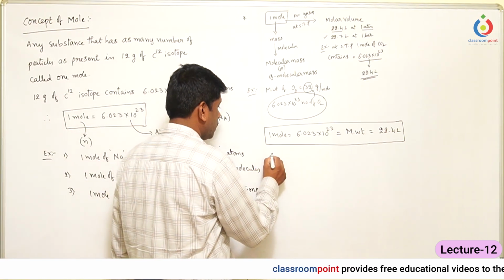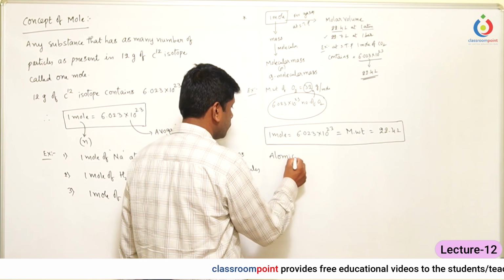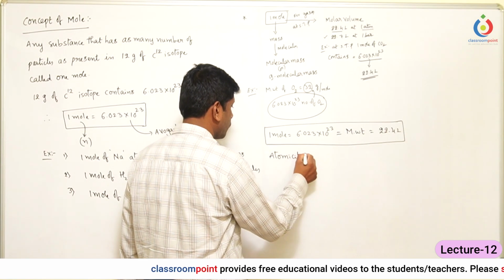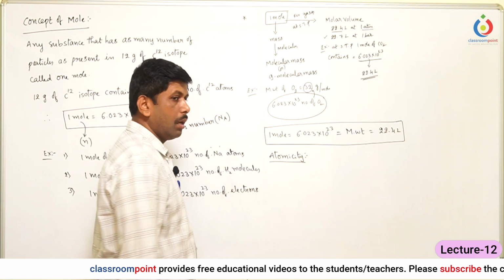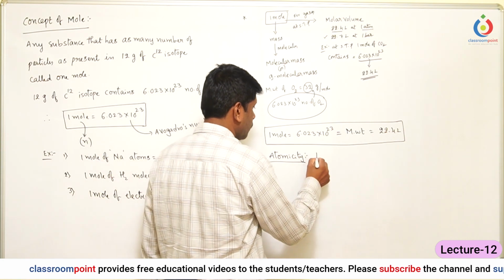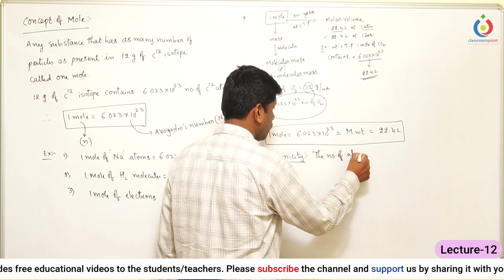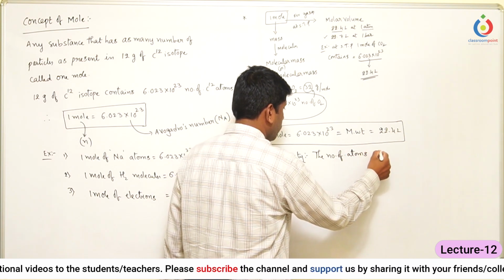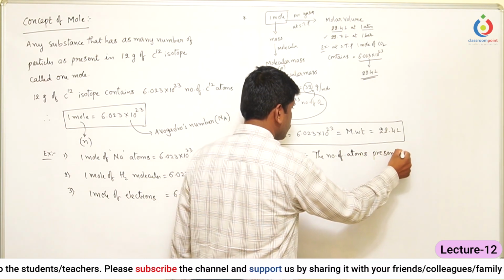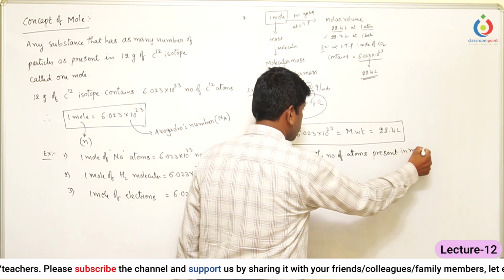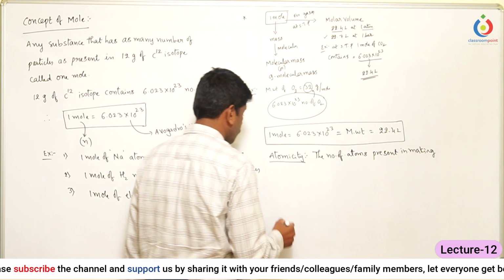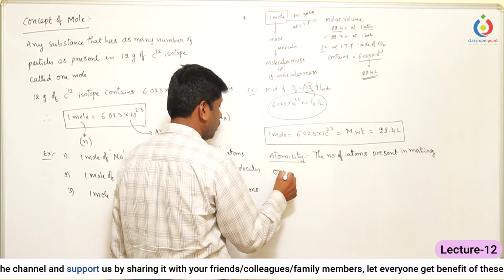So that is atomicity. Atomicity means the number of atoms present in making 1 mole of the molecule.